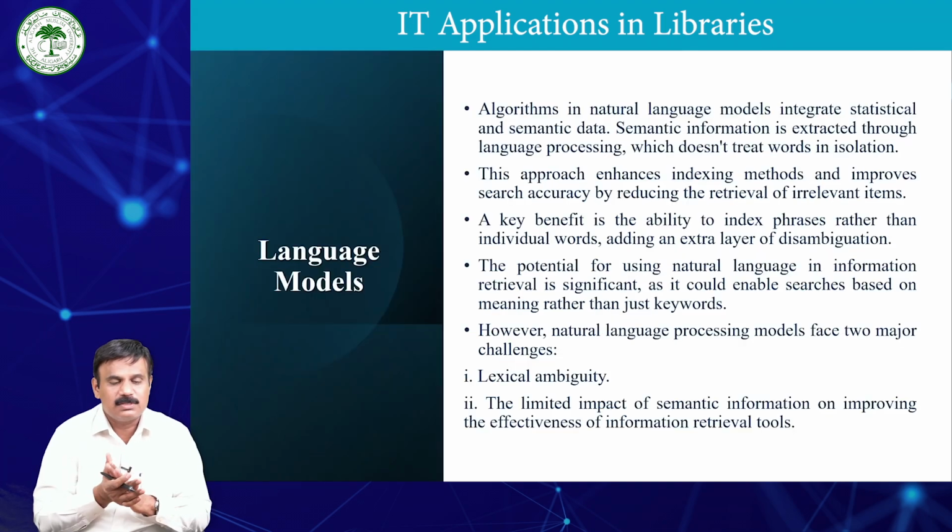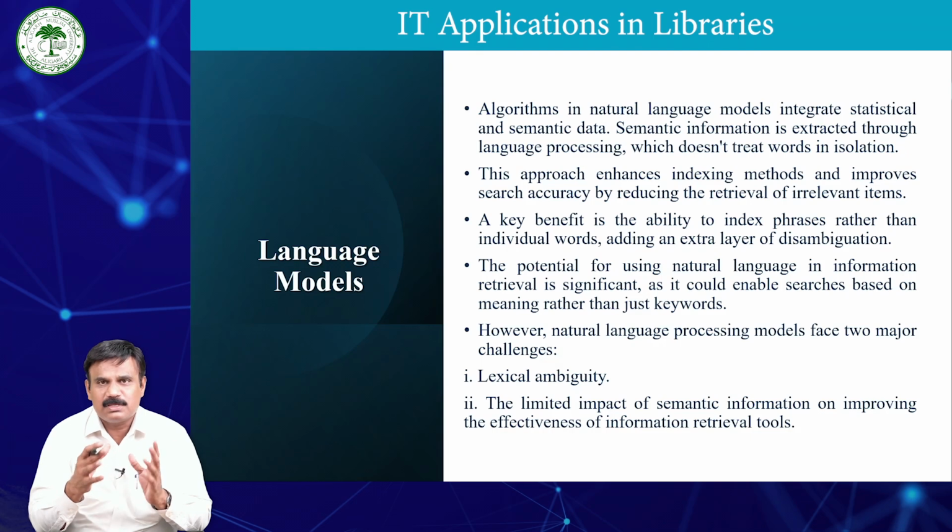Another model is language models. We will be discussing these models in another class in detail. Okay, the language models: the algorithm in natural language models integrates statistical and semantic data. Semantic information is extracted through language processing, which does not treat words in isolation.